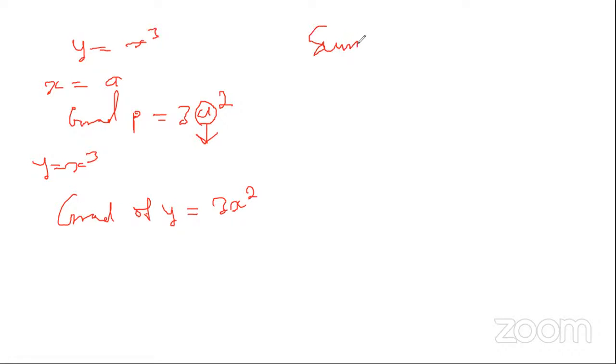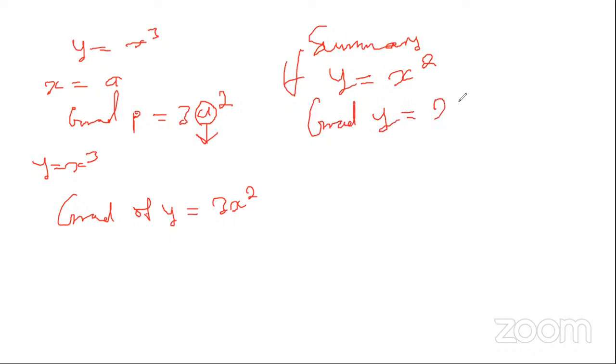So let us try to look at a summary. We have seen that if y is equal to x squared, its gradient of y is 2x.